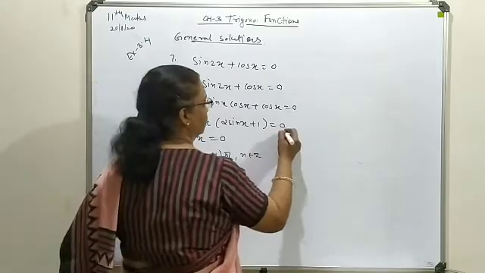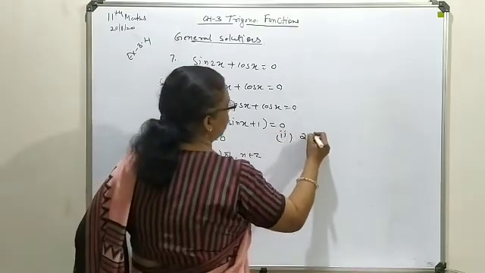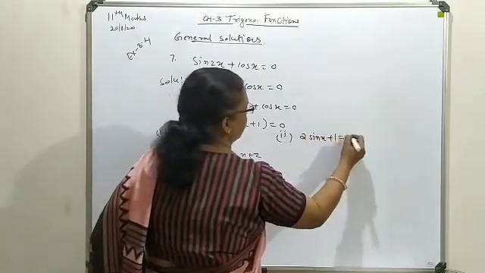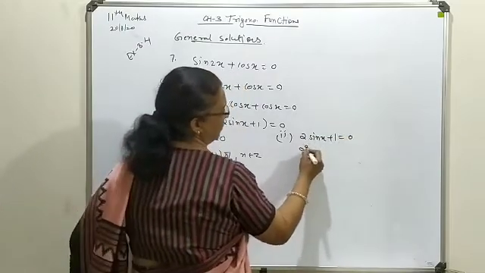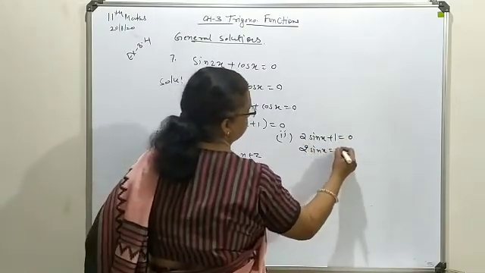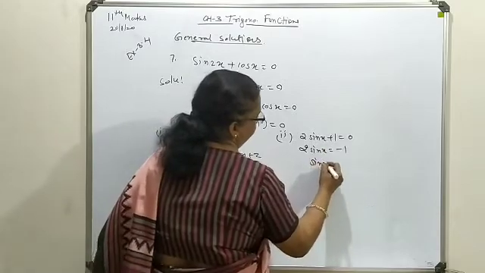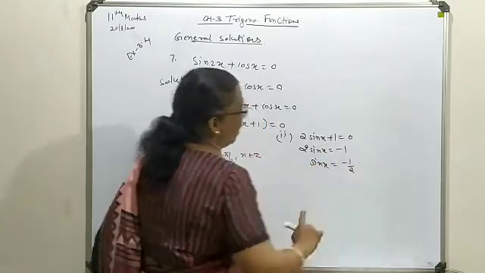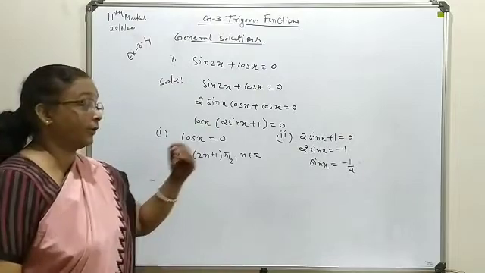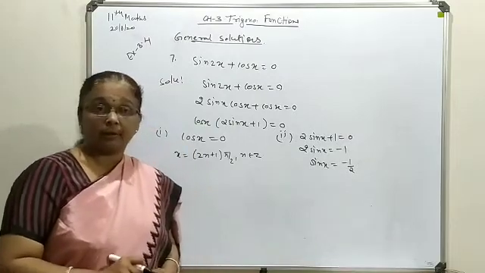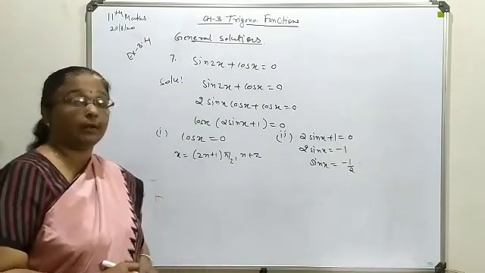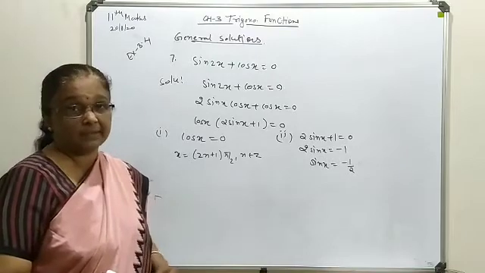Next is 2 sin x plus 1 is 0. Make your sine separate. Sin x is minus half, which means again you are in which quadrant? Third quadrant. Pi plus 30 degrees, pi by 6, is 7 pi by 6.